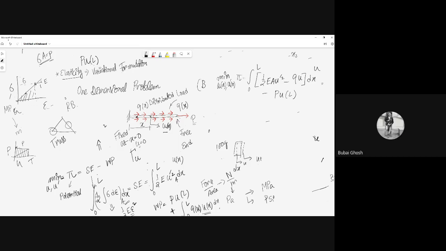So now you can think of how much work could have been done instead of gradually increasing P from 0 to P, which we are assuming has happened because this structure is in quasi equilibrium. It has not accelerated anyway.